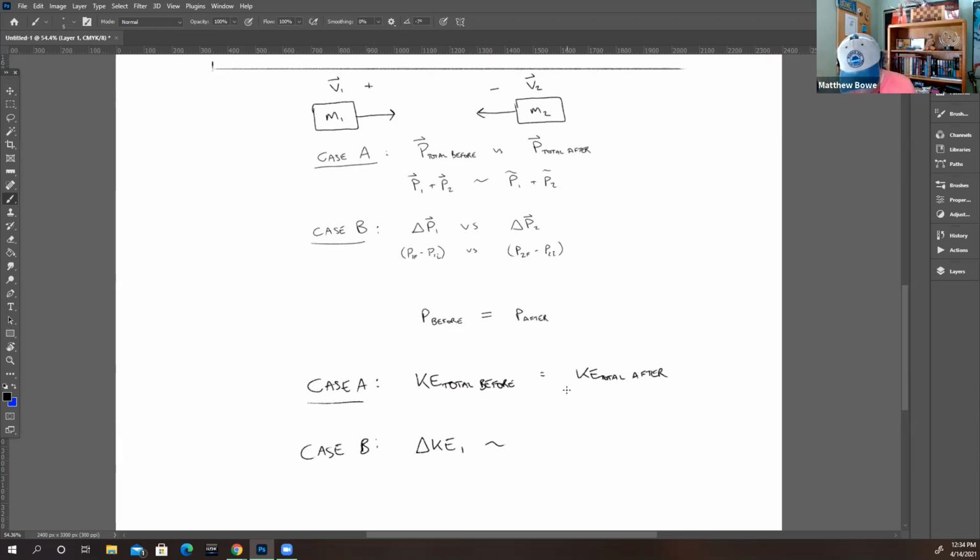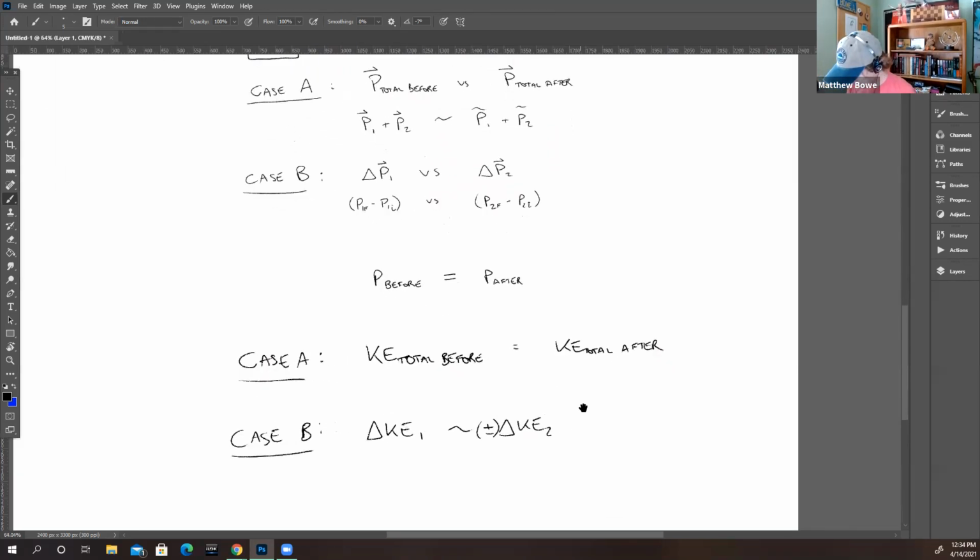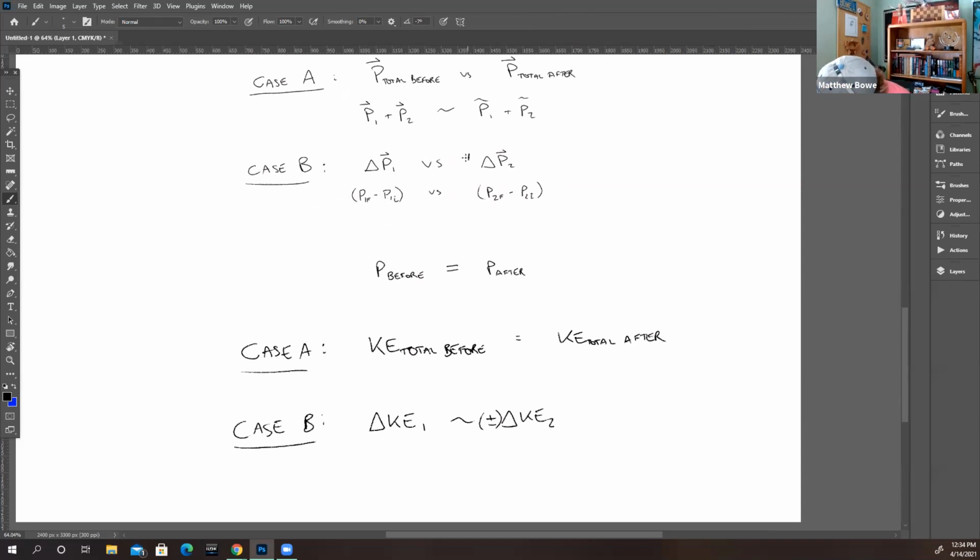And I believe with these case B values, we may expect something that might be positive or negative. Just want to specify that that is okay. And I'll also put that up here. Actually, no, let me just put negative.